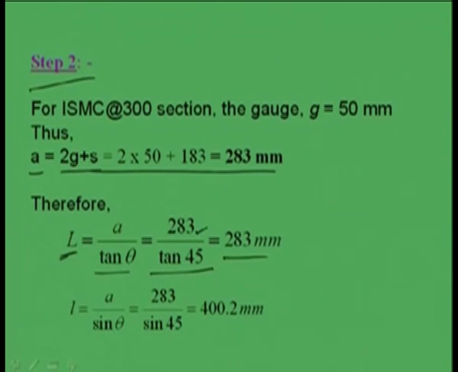So L is equal to 283 millimeter, right. Similarly the length of the lacing will become A by sin theta, that is 400.2 millimeter. So the difference with single lacing system is only this one, other things are the same. A was 283 millimeter and L was also the same, right.